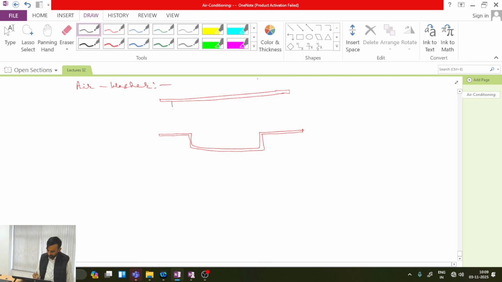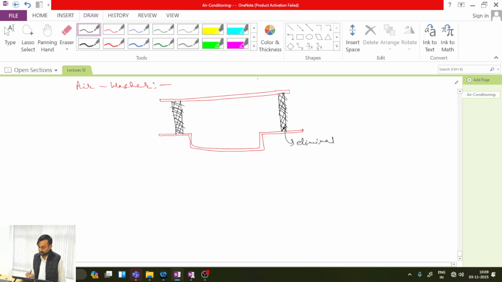At the inlet of this insulated chamber we have a filter, and the purpose of this filter is that when I allow air to flow over it, it removes all the dust particles present in the air. Near the outlet of the chamber, again I have a certain arrangement, which is called an eliminator.